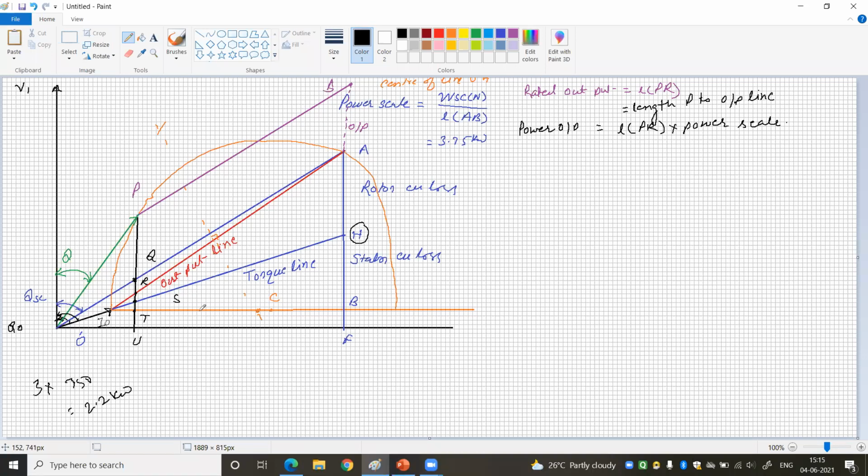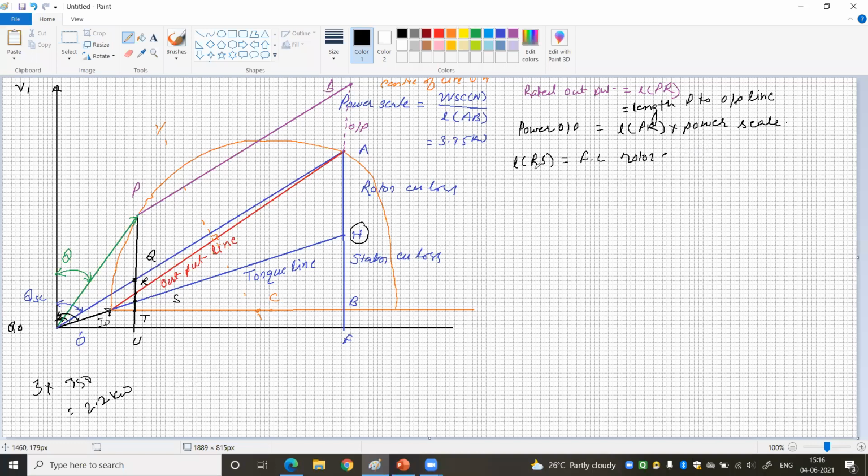Now similarly, length RS is equal to the full load rotor copper loss, definitely in 0.3 centimeter or 0.2 centimeter, multiplied by the power scale.